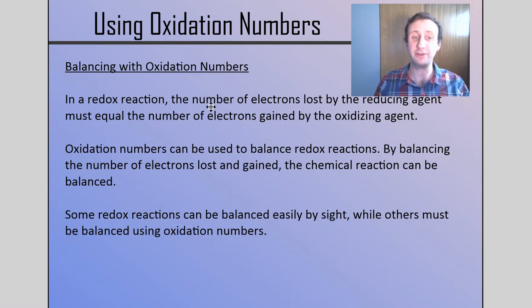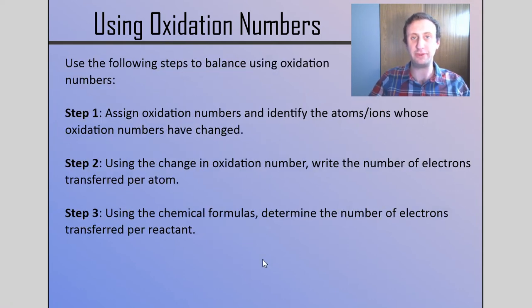So by tracking oxidation numbers, by figuring out how many electrons were lost by the reducing agent and gained by the oxidizing agent, and then making that equal by using balancing coefficients, we can then use that to balance the full reaction. So that's what we're getting into today, using the oxidation numbers and oxidation and reduction to basically balance a full reaction. So here are the steps.